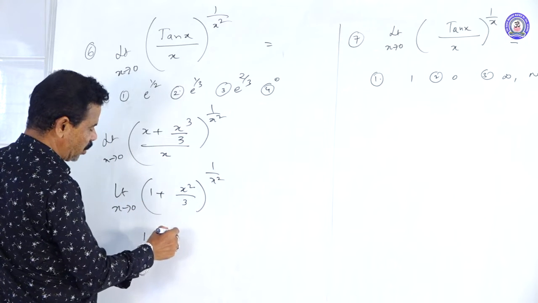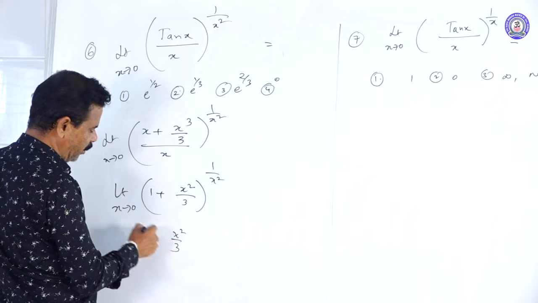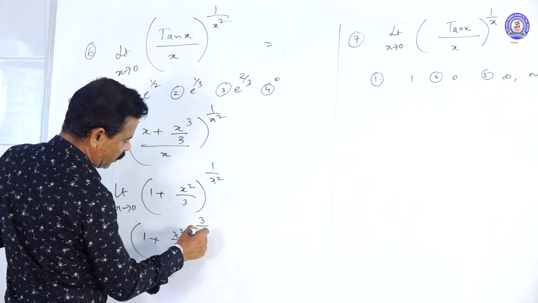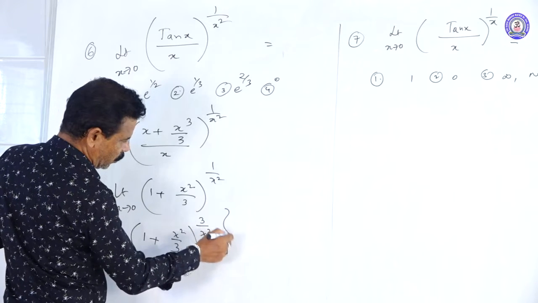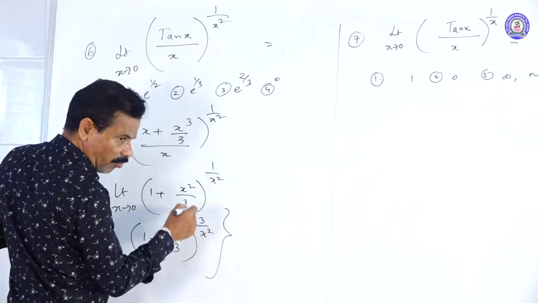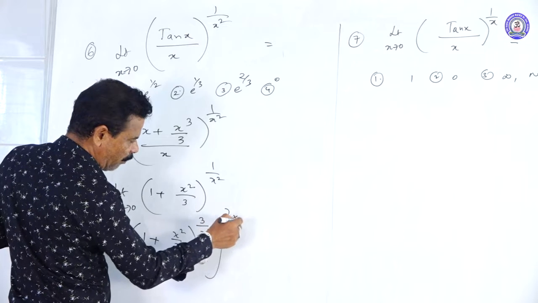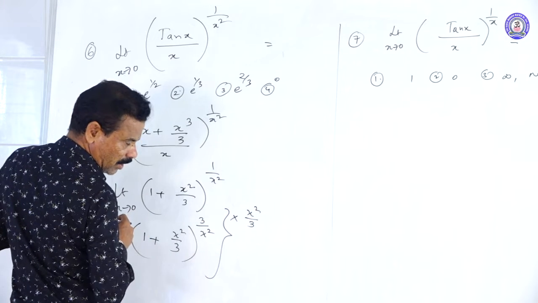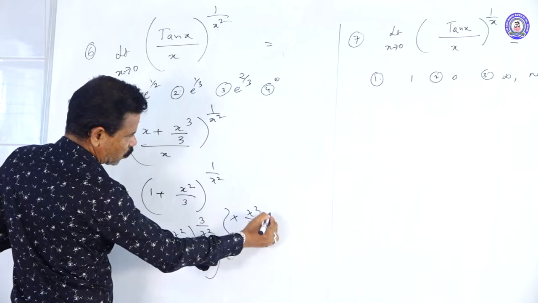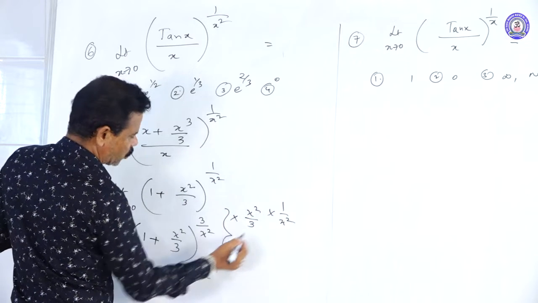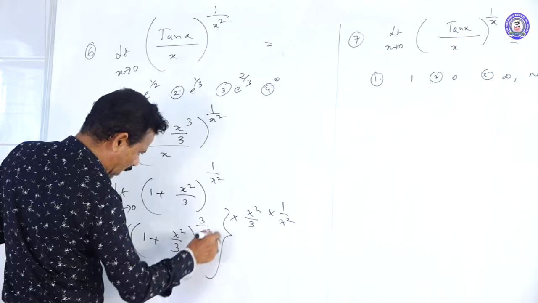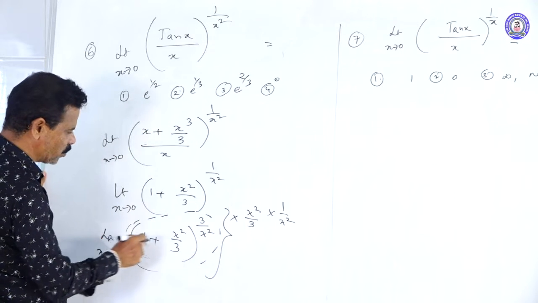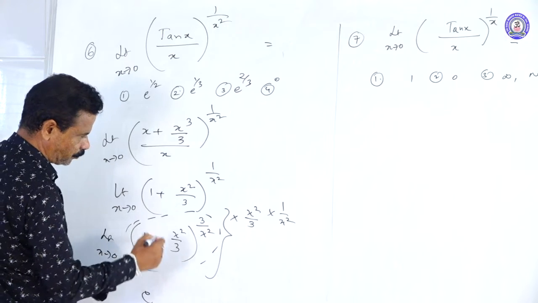Here as a shortcut we put x square by 3, and write the power as reverse, 3 by x square. That is the extra term, so again we multiply by x square by 3, which balances and cancels. Again here 1 by x square is multiplied by 1 by x square. So this value, limit x tends to 0, goes to e.